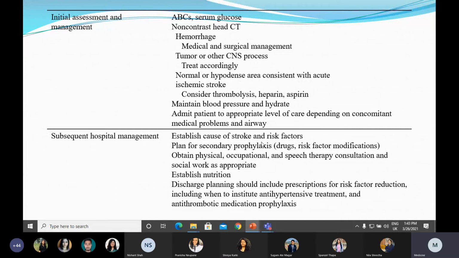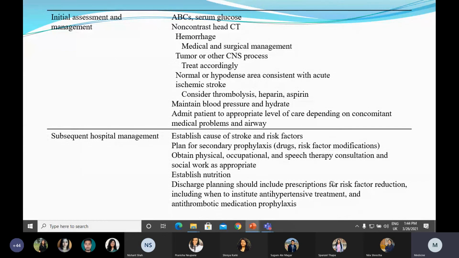We try to establish the cause of stroke and look at the risk factors, and then plan for the secondary prophylaxis. Then we need physiotherapy, whether it be physical, occupational, or speech therapy, to help them. And we establish the nutrition, and later on plan for risk factor reduction.